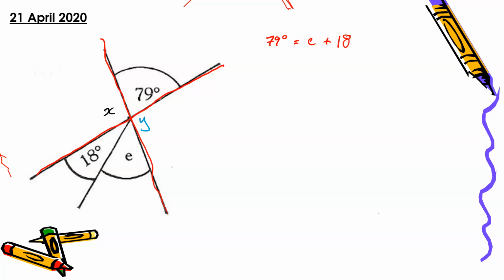Now, a number of you might look at a question like this and straight away put E is equal to 79, but that line that we've got here is not straight between E and 18. Because it's not straight through the other side, you can't use the vertically opposite rule. So again, give a reason.